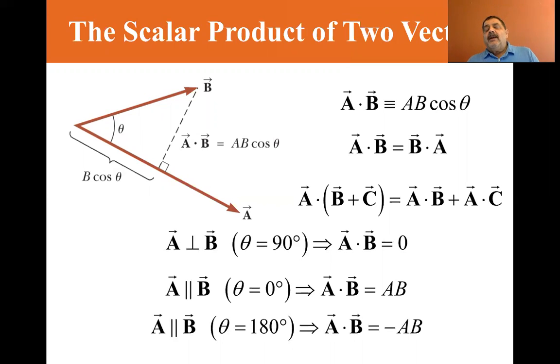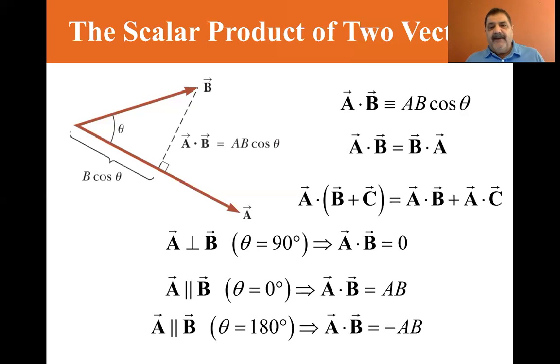Whenever the angle is greater than 90 but less than 180, it's going to be negative, because the cosine in the second quadrant is negative. So it's going to be a negative quantity, AB cosine theta. But if you just put in the actual value, you should get the value that you're looking for.